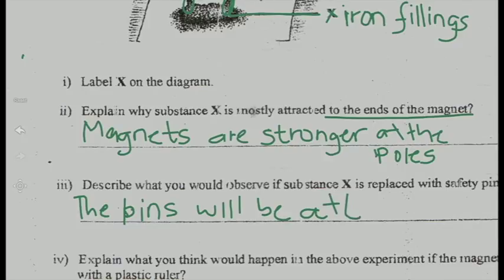Again, the pins are going to be attracted to the ends of the magnet because a magnet is stronger at the ends. Why are safety pins attracted? Because safety pins are attracted by a magnet, just like the iron filings.